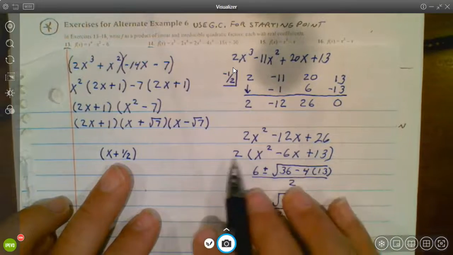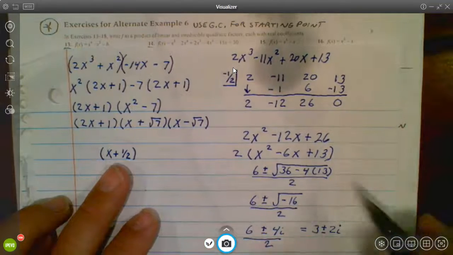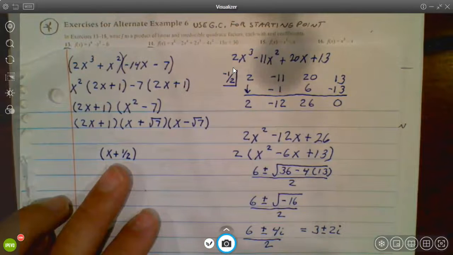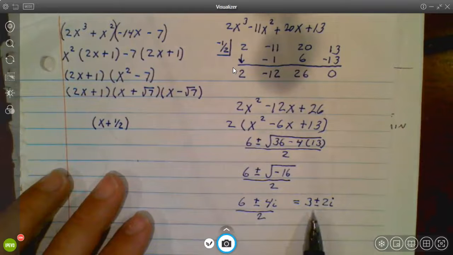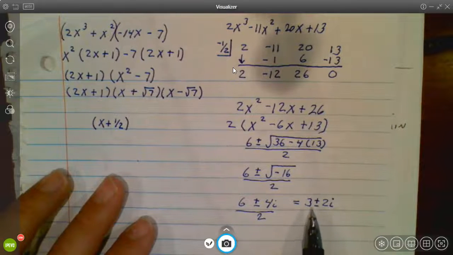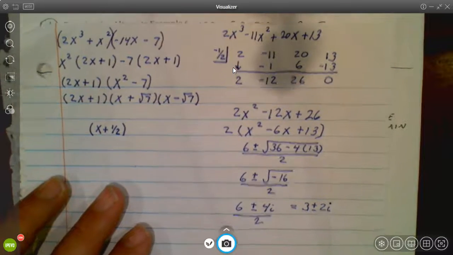I could take out the 2 and write it this way, and that's fine too. So if they just said write all of the factors like we did earlier in the video, I would then need to write x minus 3 plus 2i and x minus 3 minus 2i, if they want me to write all the factors.